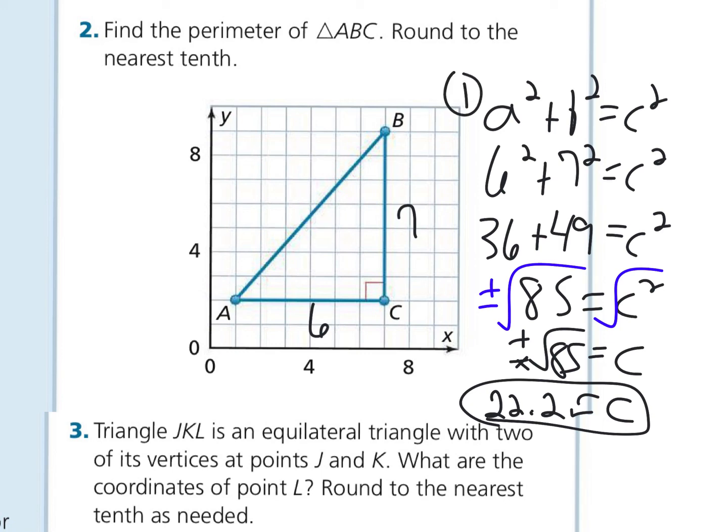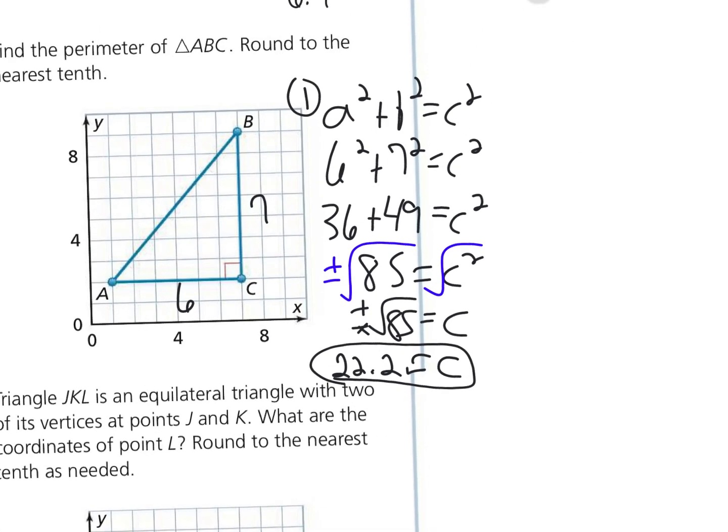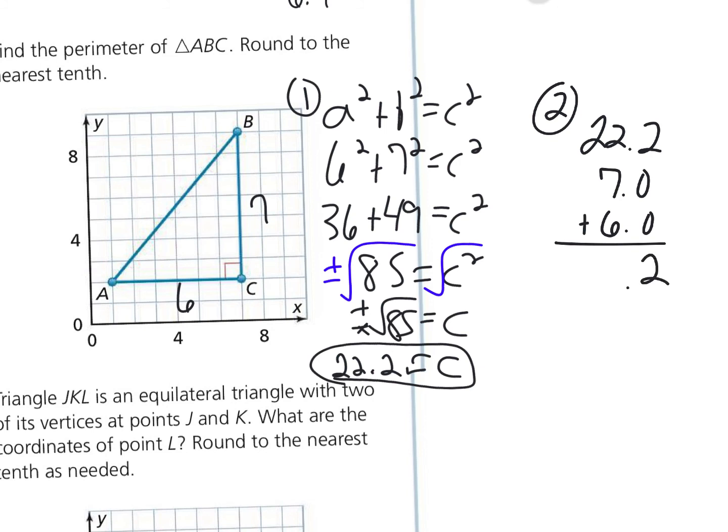And then finding the perimeter, we need to add our 3 sides together. So we'll add that to our other 2 sides. That was the hypotenuse, so it should be bigger than either of the other 2 sides, which it is. I'm sorry.